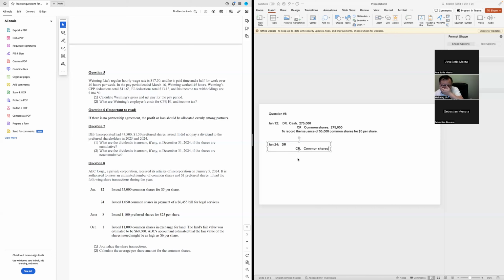And I should not debit cash, because they didn't issue common shares for cash, but for service. I cannot debit cash because I didn't receive cash. I received the service. So what should I debit? Legal expense, right?